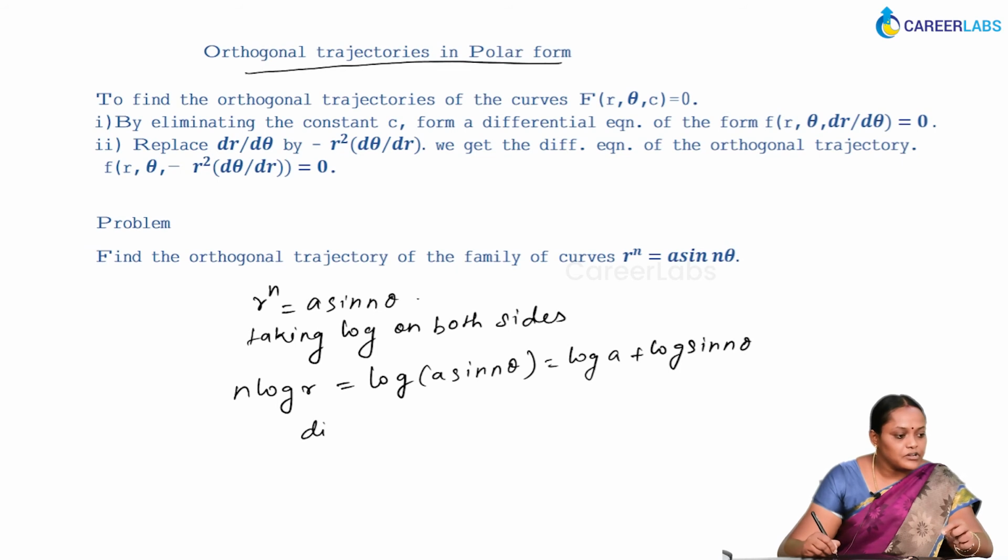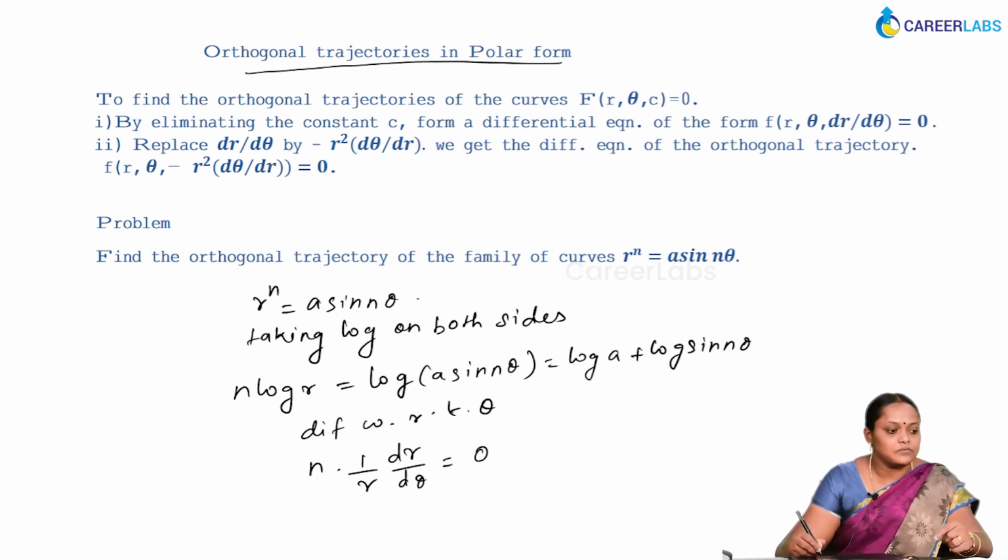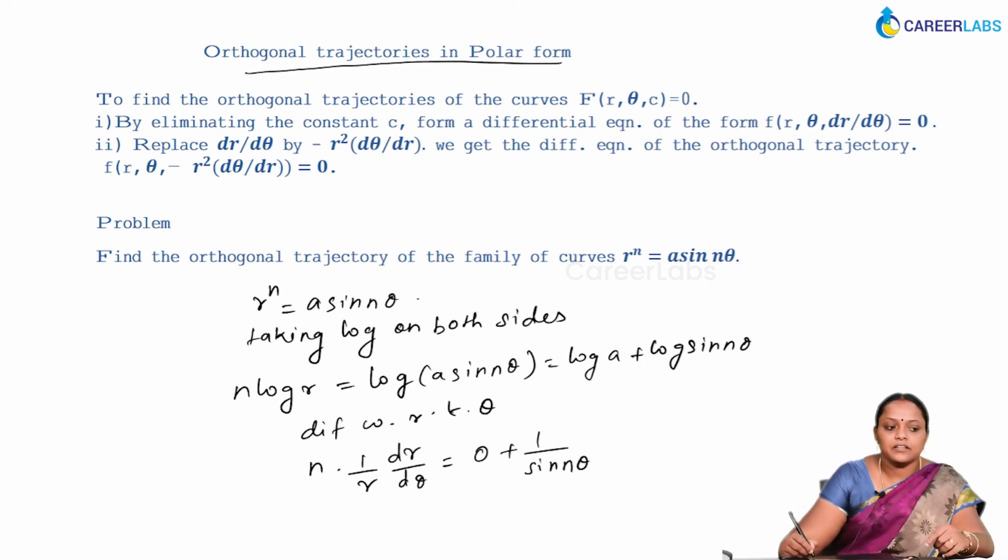Okay. Then you are going to differentiate this equation with respect to theta. So when you differentiate this with respect to theta, you will get n times, for log r it is 1 by r, for r it is dr by d theta, which is equivalent to, for log a, which is a constant, it will become 0. For log sin n theta, it is 1 by sin n theta, for sin n theta it is cos n theta into n.